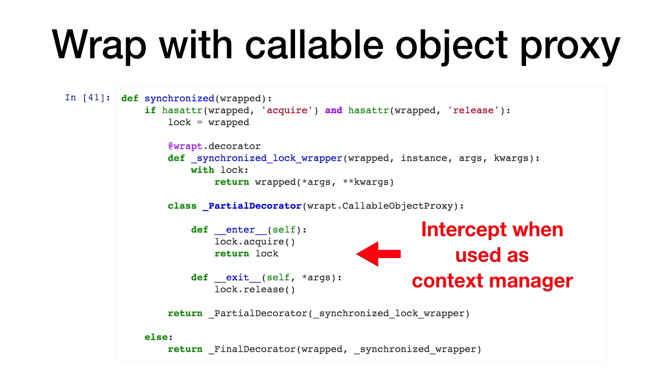So we're going to focus on the top bit again. What we're going to do this time is that instead of just returning the synchronized lock wrapper, which is the thing that would get eventually applied to the function you're applying a decorator to, we're going to create an instance of a new class called partial decorator. And I know they're really bad names.